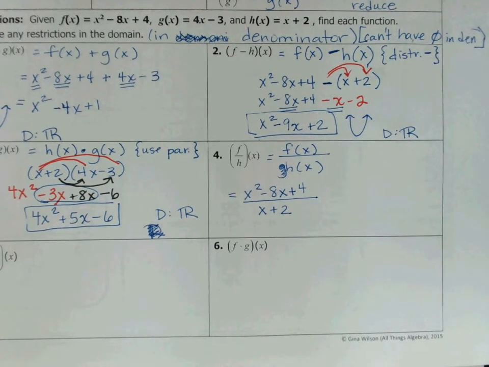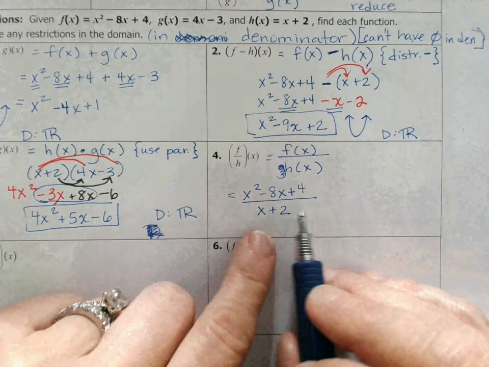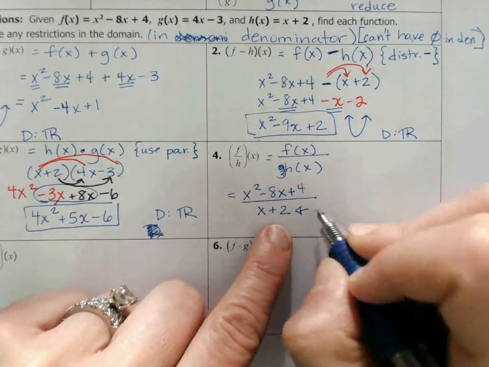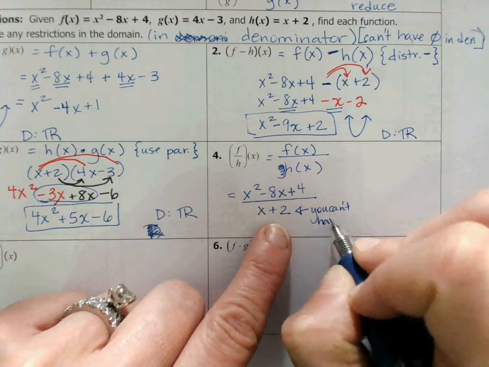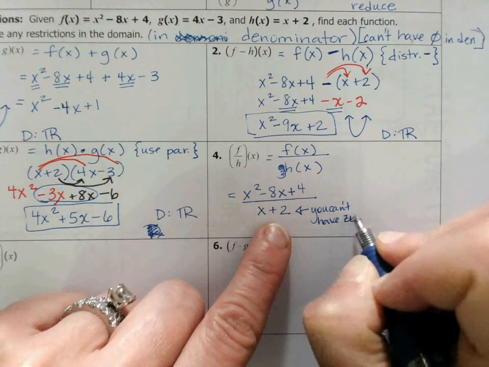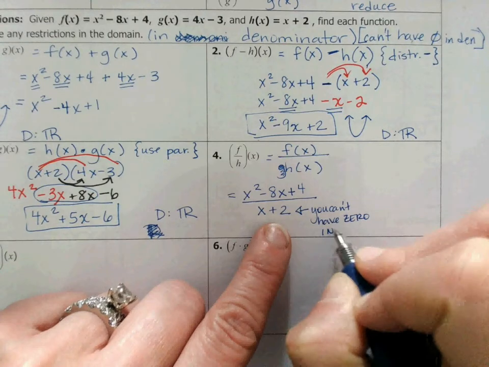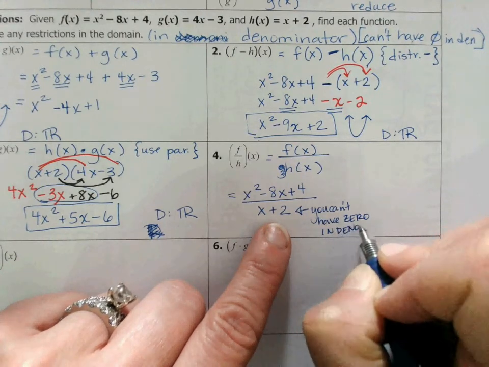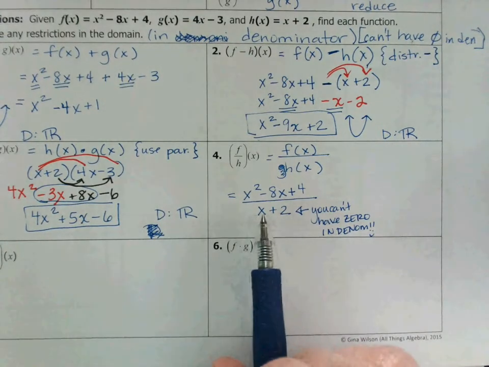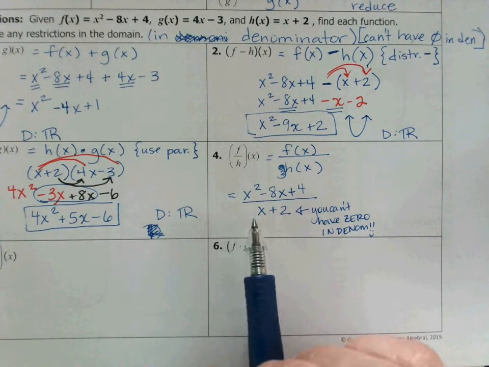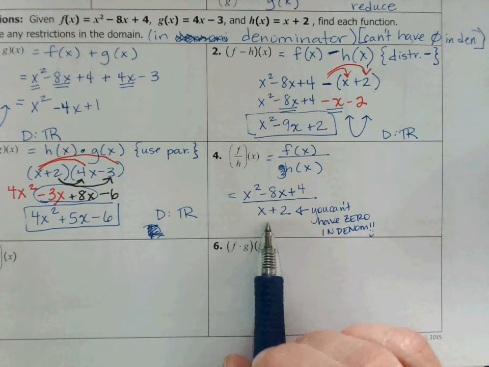Now, before I get super excited and try to factor this, let's go ahead and talk about the domain, okay? You cannot have a 0 in the denominator. What is the one x value that I cannot plug in here?